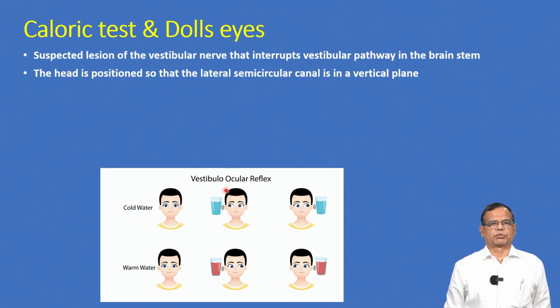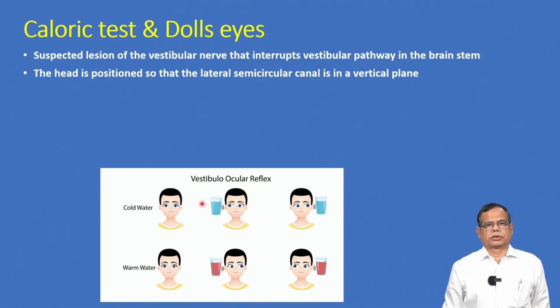The patient is put in such a position that their horizontal semicircular canal lies in a vertical plane and cold water or hot water is put in the external ear. So, what it does? It either increases or reduces the viscosity of the endolymph and as a result there is either stimulation or depression of the vestibular nerve.